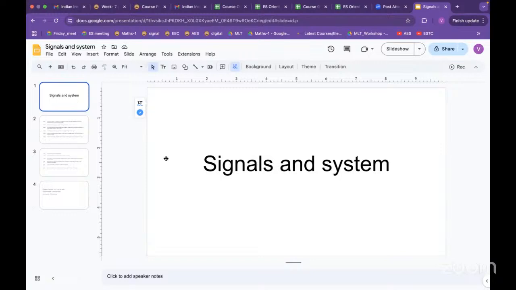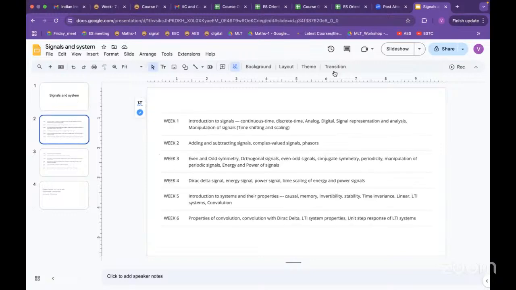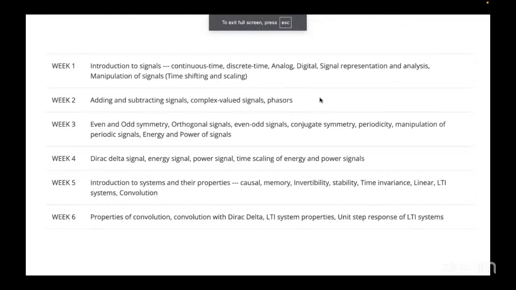Okay. So I'll just be going through the content. We'll be starting with the basics of signals. In the first week, we'll be dealing with the different types of signals, like analog or digital, just to get a basic understanding of signals.